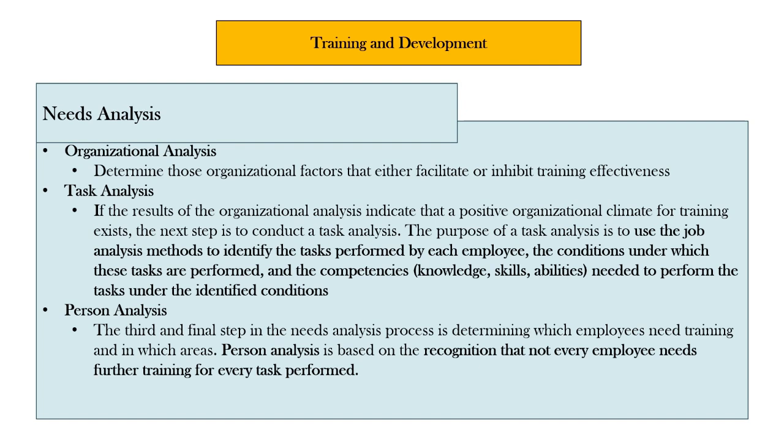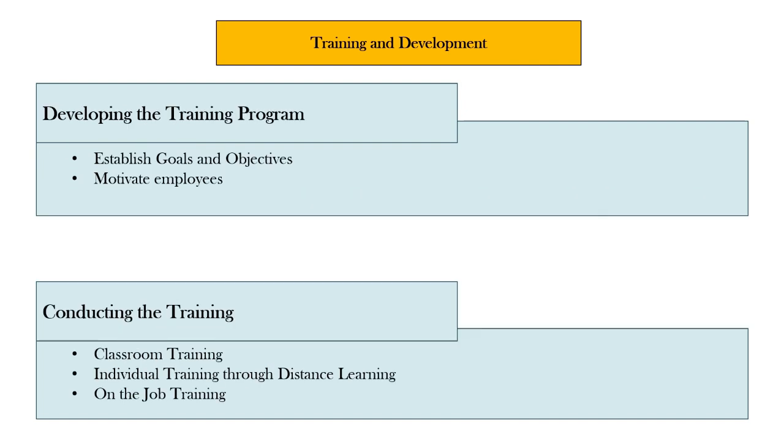So the next step is to develop the training, and in developing the training program, we use these sub-steps wherein we establish our goals and objectives, and we motivate our employees to attend the training program. Most of the time, employees do not have the motivation to join training.